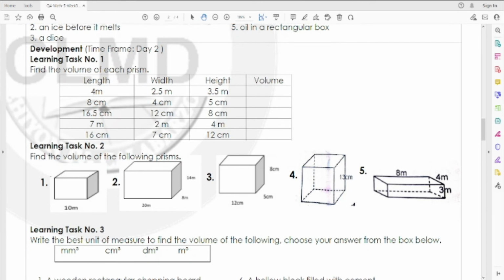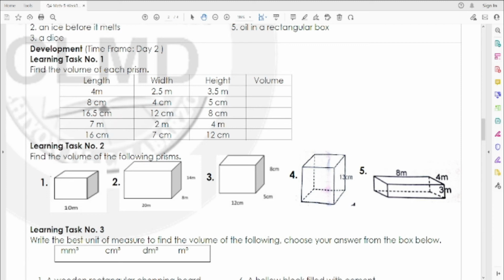Let's move on. For our learning task number 1 for day 2, find the volume of each prism. We have the length in the first column, the width in the second column, and the height in the third column. The last column is open because you will put the correct answer opposite of the three given.